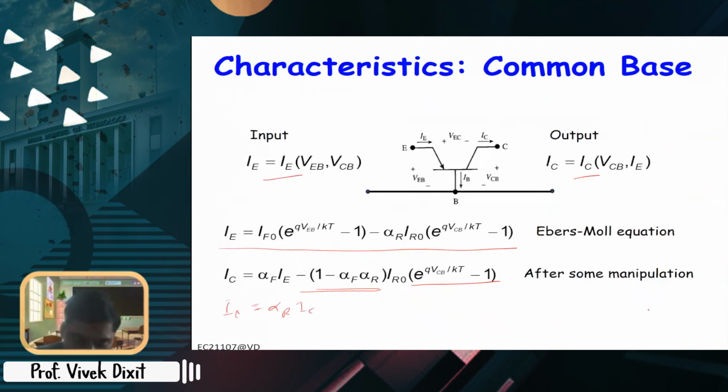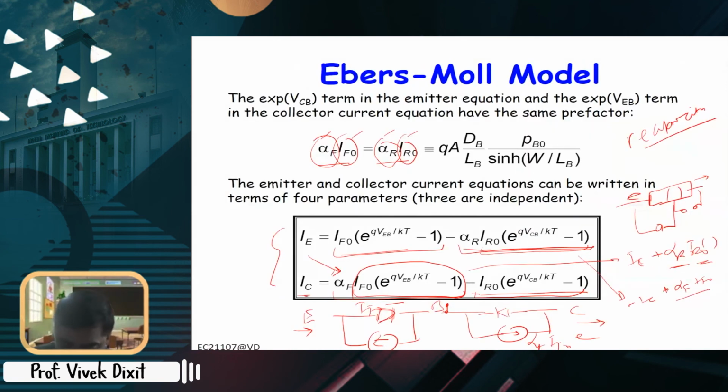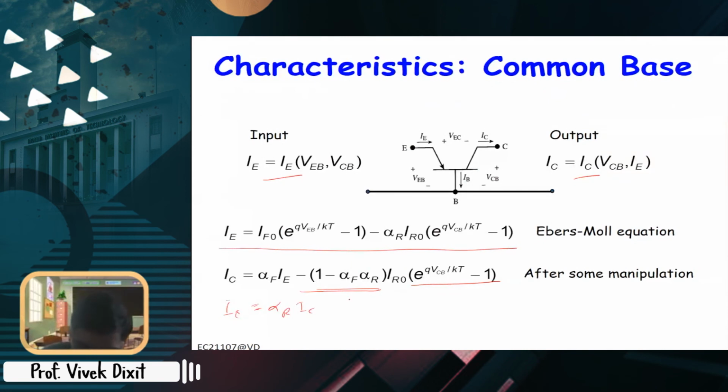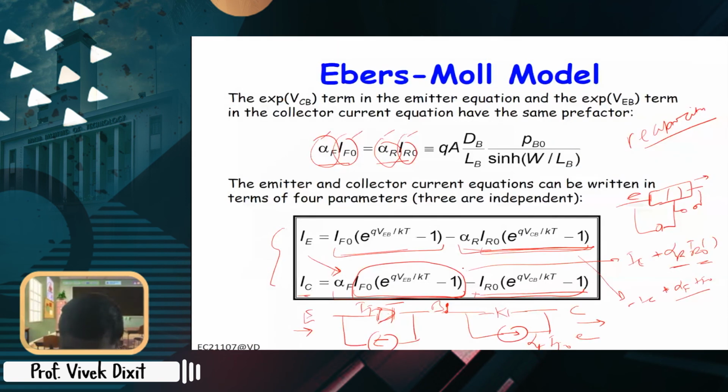So this is alpha R IC, and then you will have alpha F times alpha R, so minus alpha F alpha R plus 1, right? So 1 minus alpha F alpha R. This will be minus sign here, right?